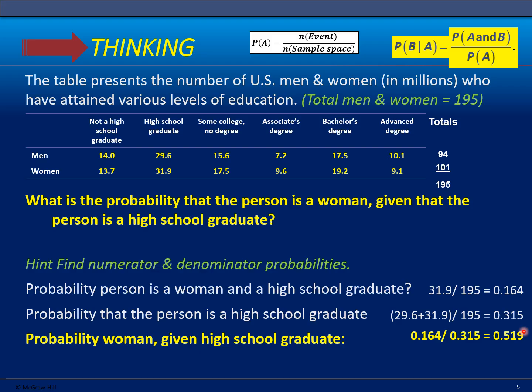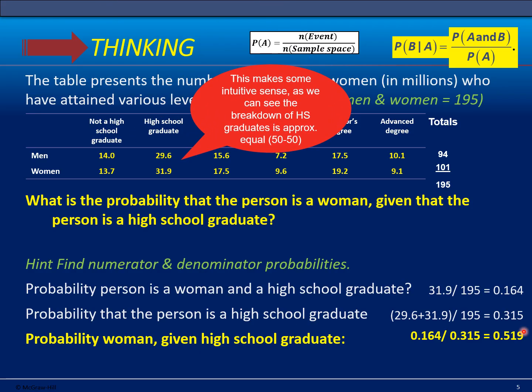Now I want you to think about this in a different way. When you look at this, you can see that the high school graduates are almost equally divided between men and women, with the women being slightly higher. So when we talk about the probability that the person is a woman given the person is a high school graduate, we can see that this is roughly split at 50-50 between men and women.